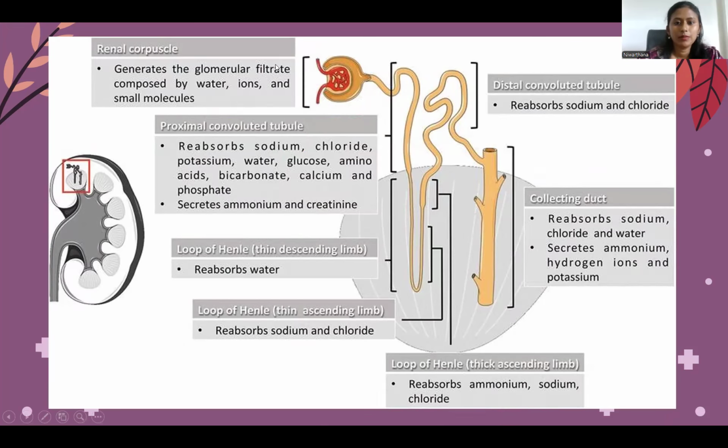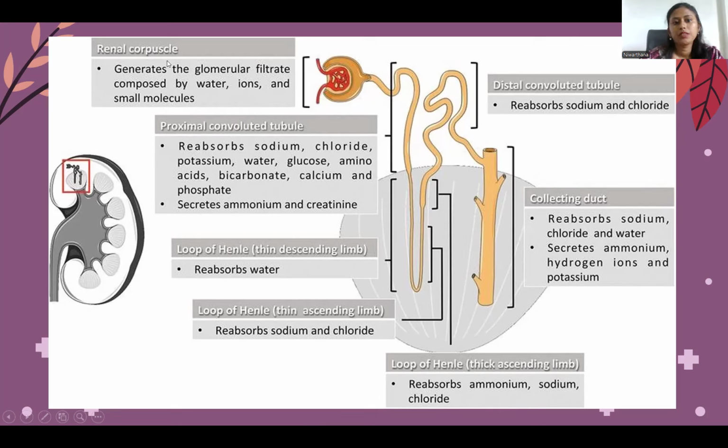So this is a summary. We talk about millions of nephrons joining with each other to form the kidney. So the nephron is the structural and functional unit of the kidney. This whole part is called the renal corpuscle. The renal corpuscle is made up of the glomerulus and Bowman capsule.